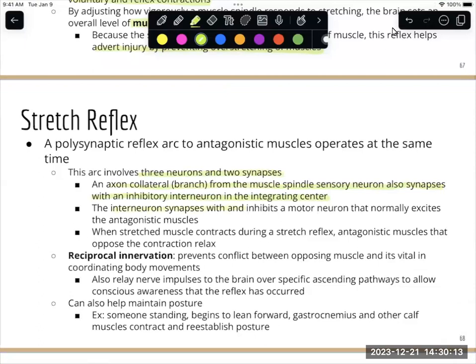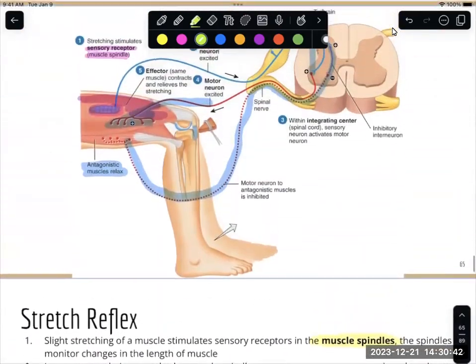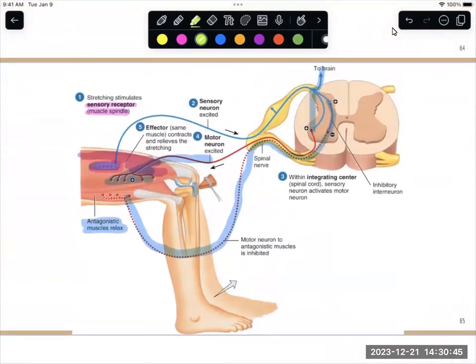That interneuron is going to inhibit those antagonistic muscles, so those muscles on the opposite side of that arm or that leg from that reflex. So when that stretched muscle contracts, those antagonistic muscles relax, which is what I explained in this picture up here. We need the hamstrings to relax so these quadricep muscles can contract.